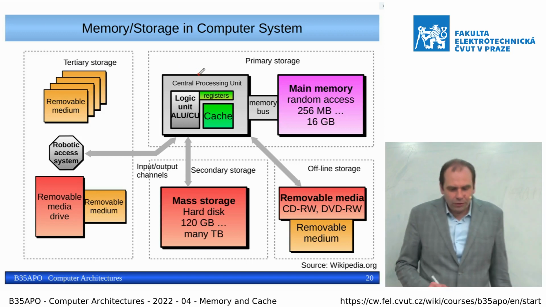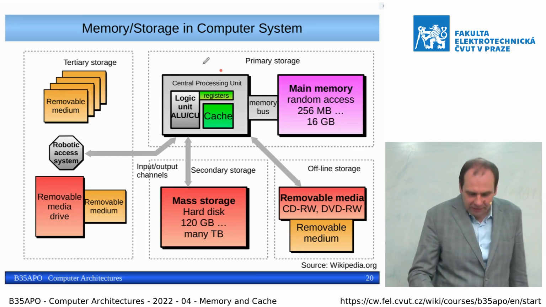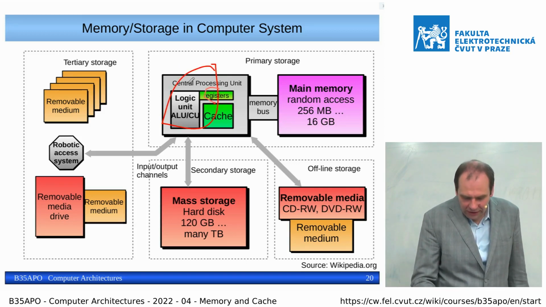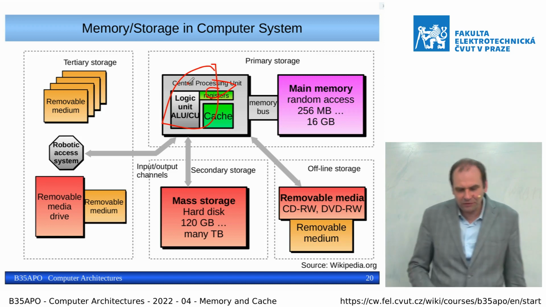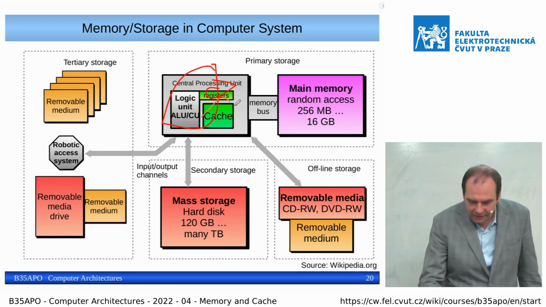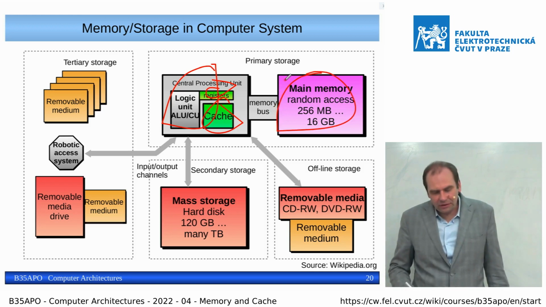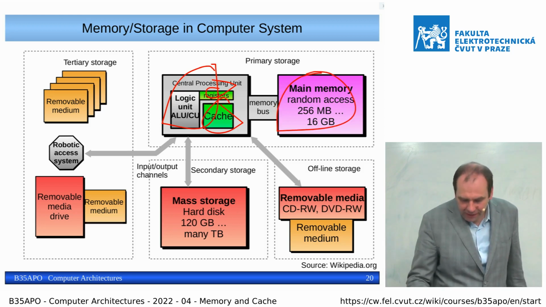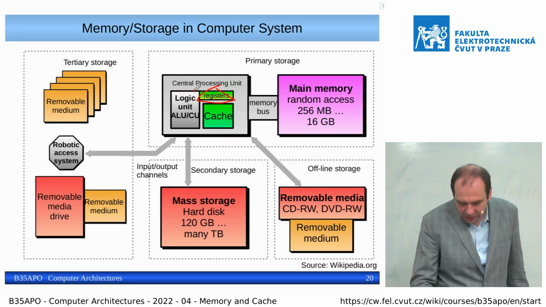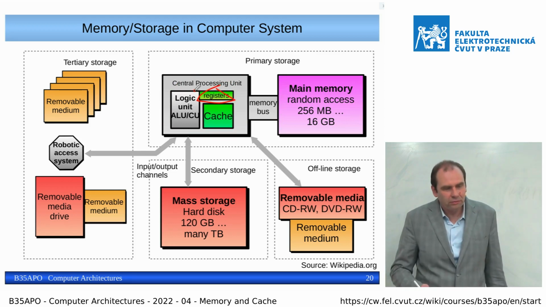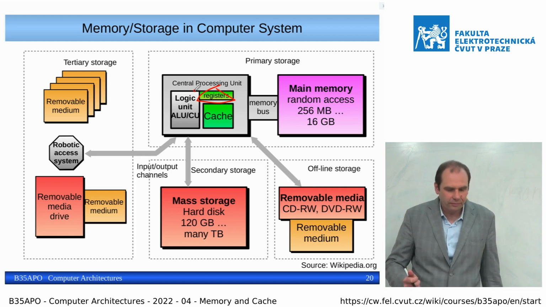If we look at the actual system, we have our processor. It has registers which can be accessed very, very fast. Then it has a cache and the main memory. The control of the data present in the registers is under program control, by the programmer or compiler.